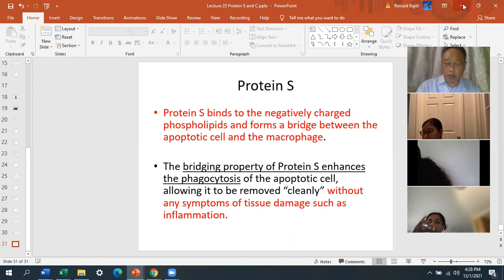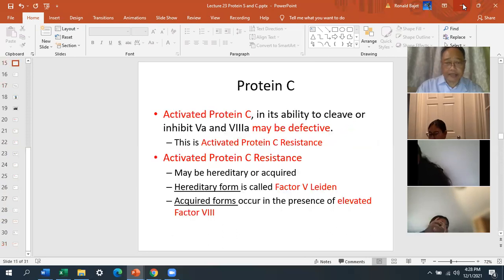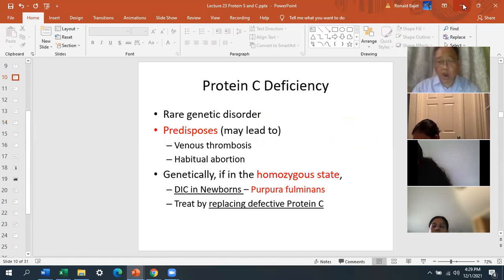So what happens is, let me go to that slide. The DIC in the babies, DIC in newborns. So you got your protein C deficiency and you got venous thrombosis and the habitual abortion, but protein C deficiency in the homozygous state can result in the DIC of newborns, and that is what causes the purpura fulminans.